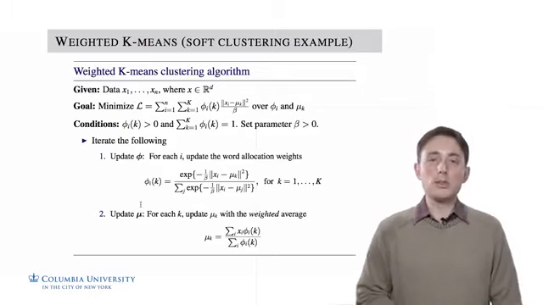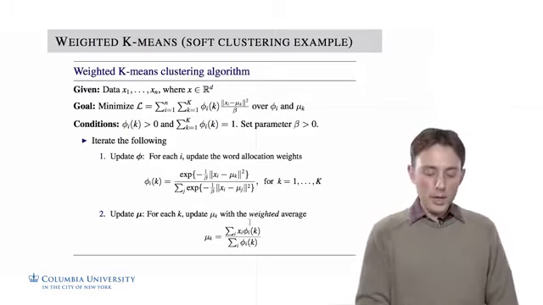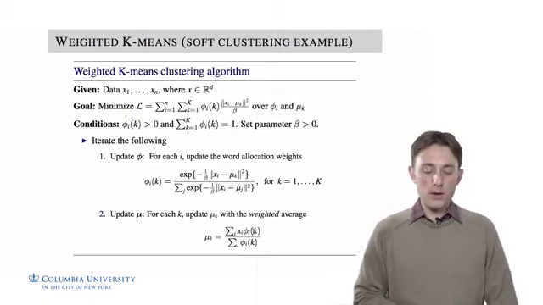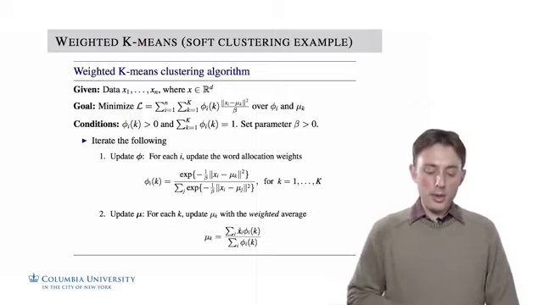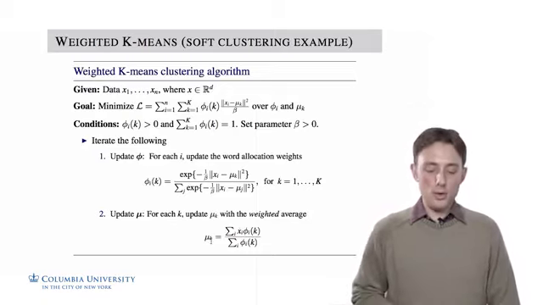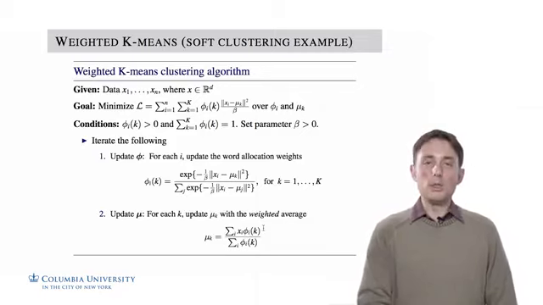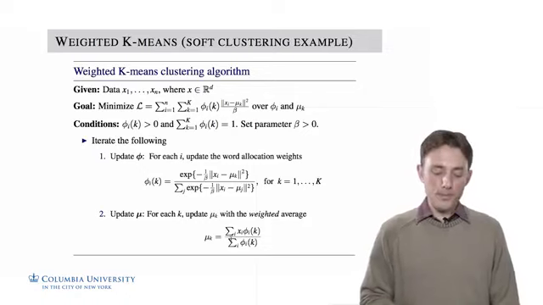Then when we update the cluster centroids, we have a weighted average now. If we want to look at the kth centroid and update that vector, we look at each data point, weight it by the probability of that point coming from the kth cluster, sum that up, and then divide by the sum of the probabilities.